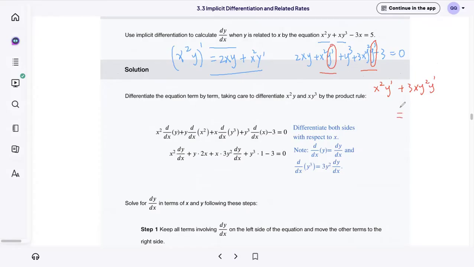Then everything else moves to the other side. So negative 3 moves to the other side, becomes positive. Then this one moves to the other side, becomes negative. This one moves to the other side, becomes negative. Now, with these two terms, y prime is a common factor, so I can factor out y prime.